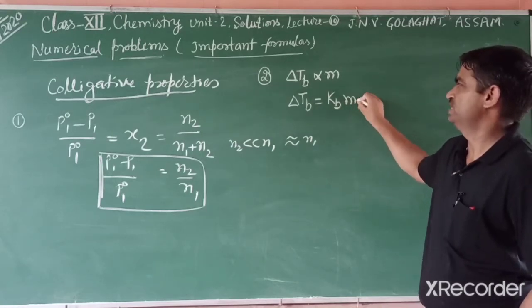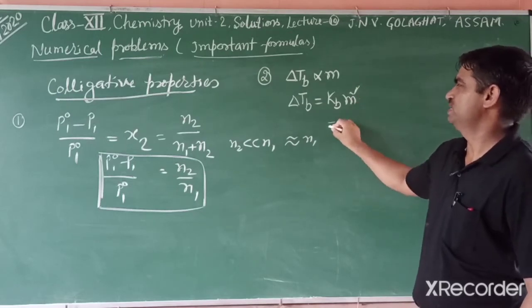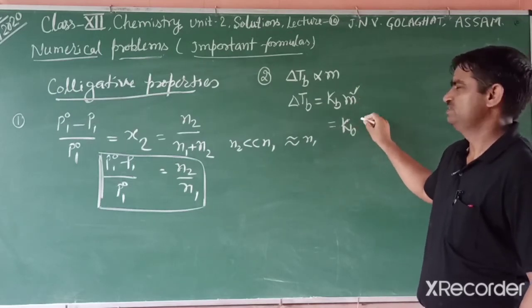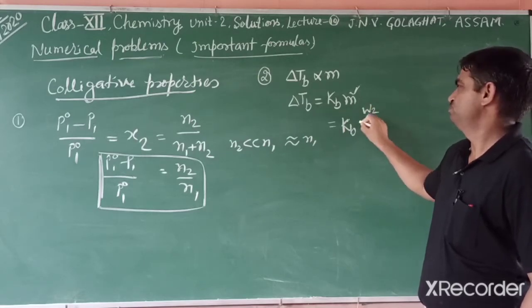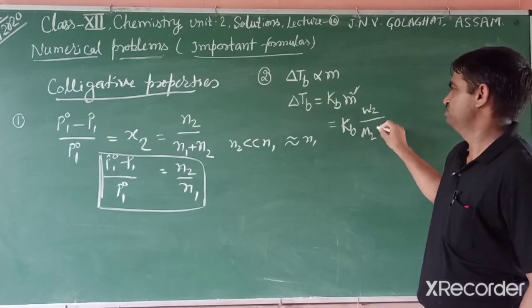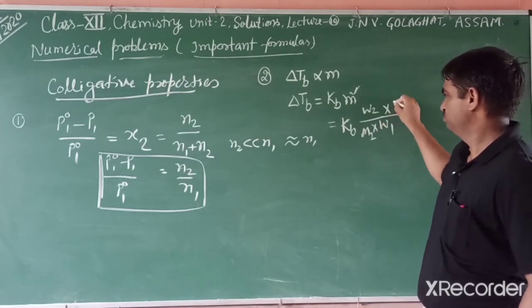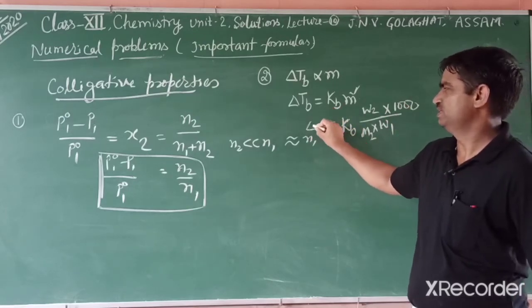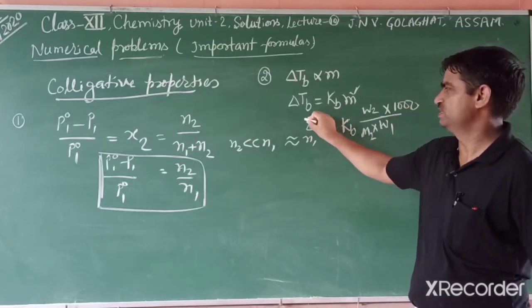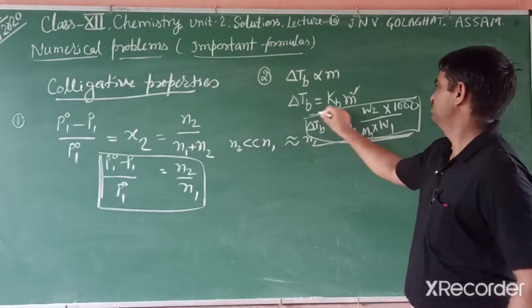Writing molality, delta Tb equals Kb times the moles of solute, that is W2 divided by M2 times W1, times 1000. If the mass is given in grams, then we solve the numerical problem this way.